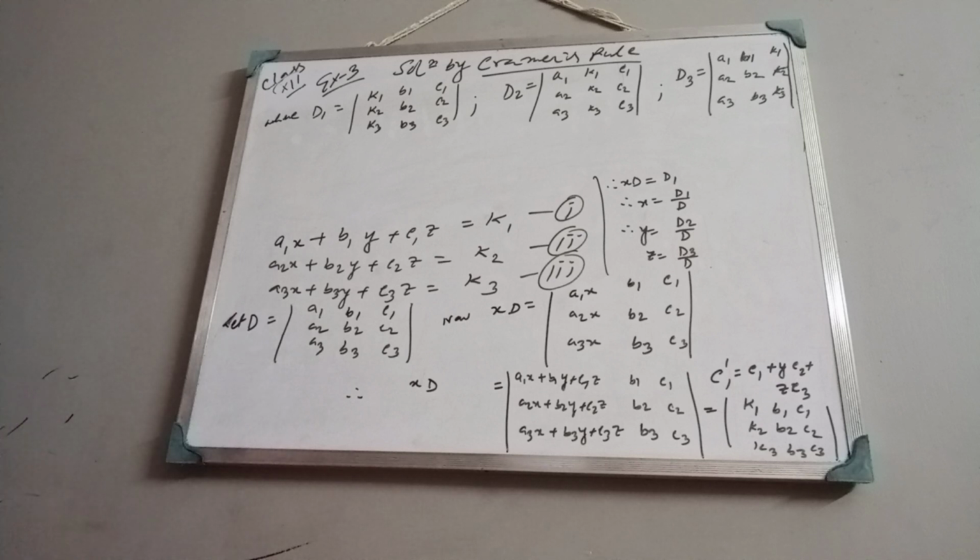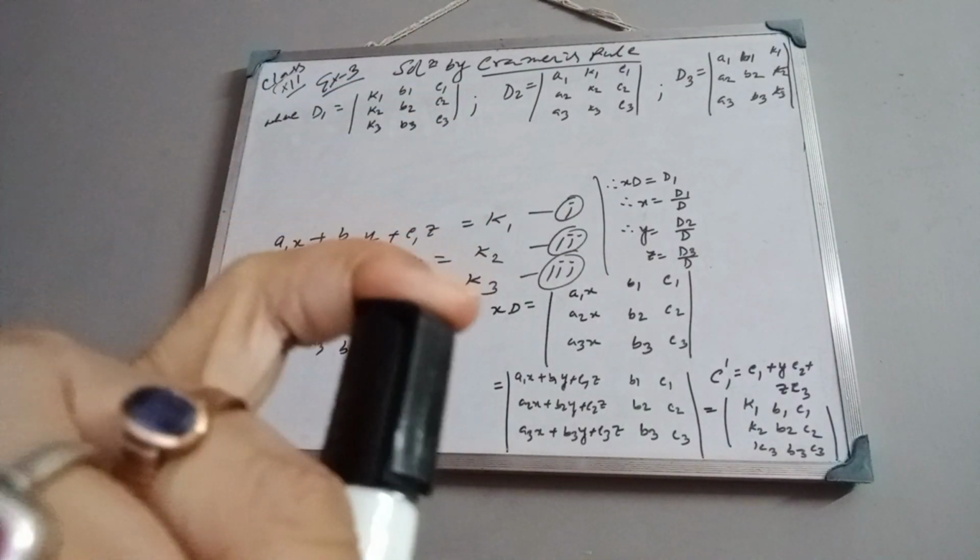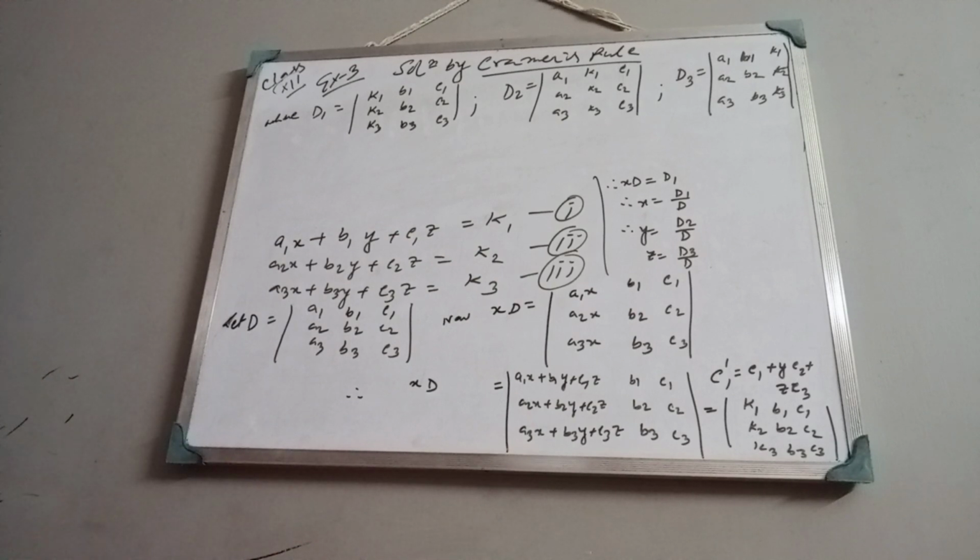Okay. By this only we can find the values of x, y and z separately. This method is known as Cramer's rule method.